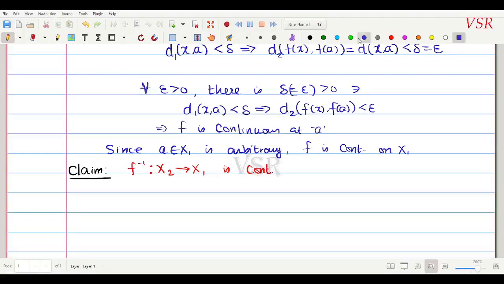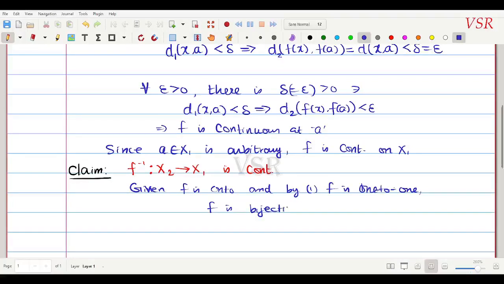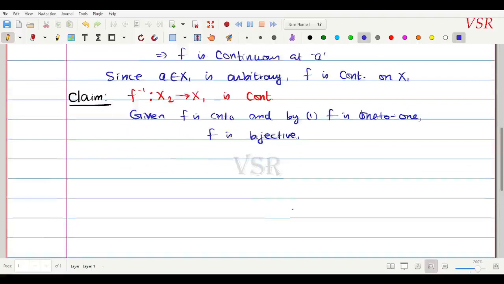Since given f is onto and by the first claim f is 1 to 1, we have f is bijective. f bijective ஆக இருக்கிறதுனால f inverse is well defined.